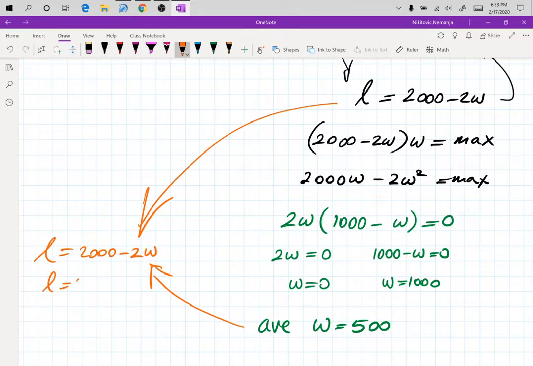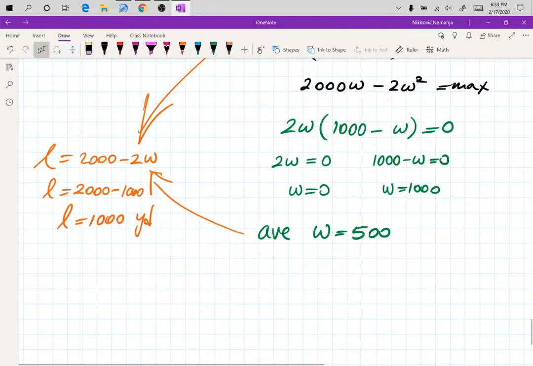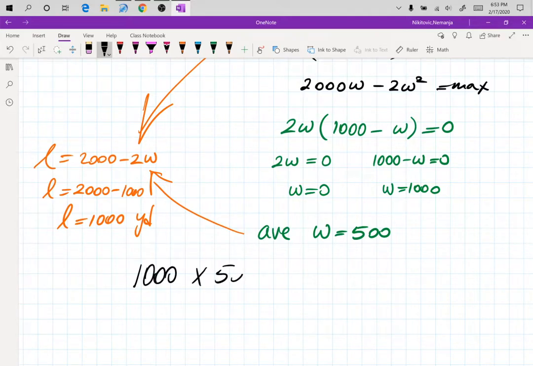The length is 2,000 minus 1,000, which is 1,000 yards. So the new dimensions are 1,000 by 500 yards. So it's no longer a square. Now it's a rectangle.